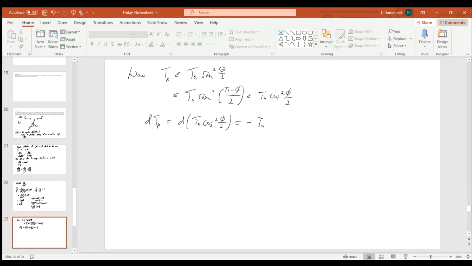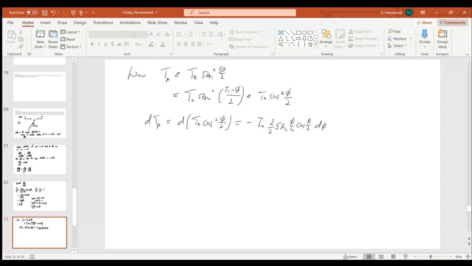So then the change in the kinetic energy of the proton is going to be a change in T naught cosine squared phi by 2. But T naught is, of course, the initial kinetic energy, so that doesn't change. So we get negative T naught times 2 divided by 2 sine phi by 2 cos phi by 2 d phi.